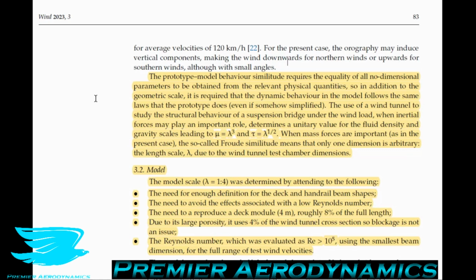So let's just briefly talk about this a bit more. Now we're getting into some real difficult similitude properties here. And I can't remember if I mentioned it just before, but often it's difficult to get similitude across a bunch of different parameters. So for example, if you wanted to get the Reynolds number to be the same, but then you want to get another non-dimensional coefficient to be the same, but the velocity is now squared in that coefficient.